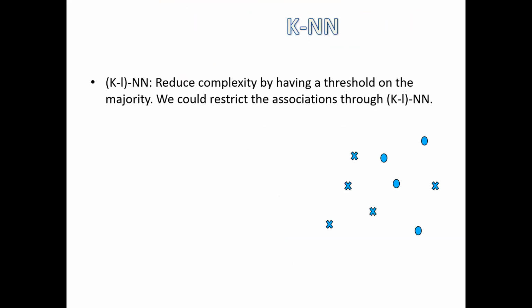So in KNN, we reduce complexity by having a threshold of majority. So we should restrict the associations to k minus 1. So for example, k is equal to 5. Let's say this red cross is my observation. The 5 nearest observations are the ones closest to it.